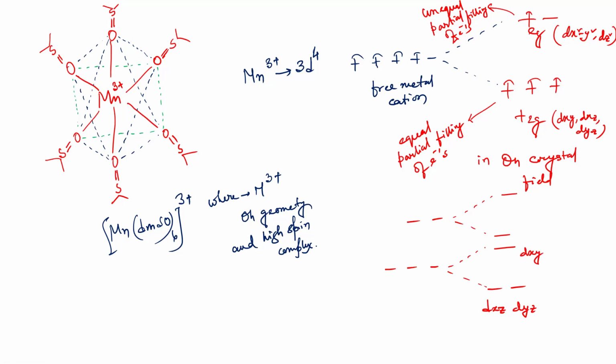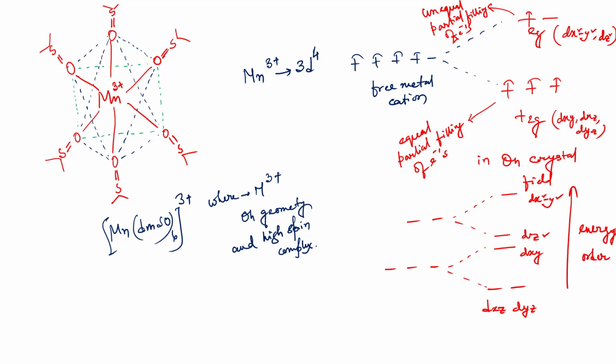This is how the t2g set will split. Here in the eg set, the lowest orbital is dz2 and the topmost orbital is dx2-y2. This is how the eg set will split. This is the energy order.